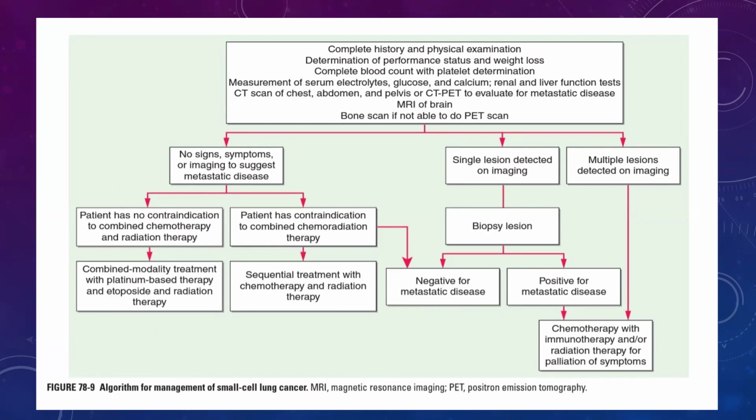If the patient has contraindications to a combined chemo-radiation therapy, then we do sequential treatment. So we do chemotherapy first, followed by your radiation therapy. And if your patient has metastatic disease, then the management will be chemotherapy with immunotherapy, with or without radiation, for palliation.